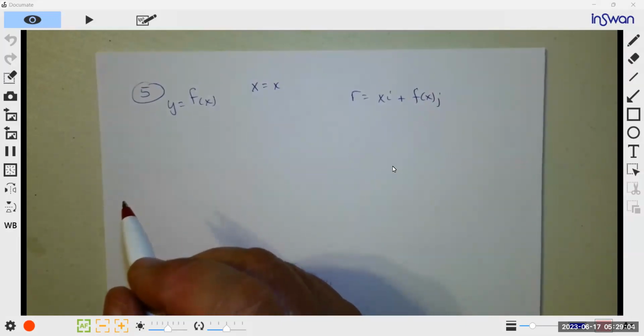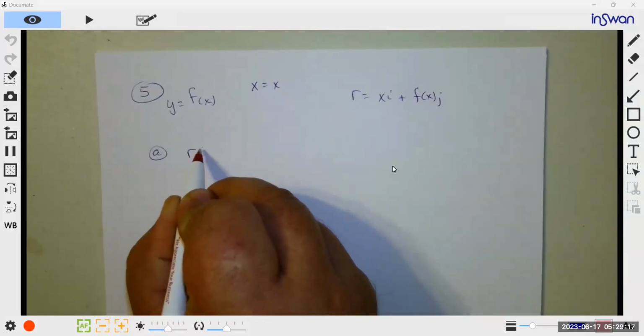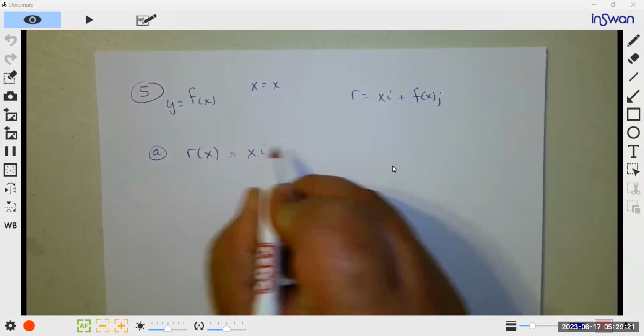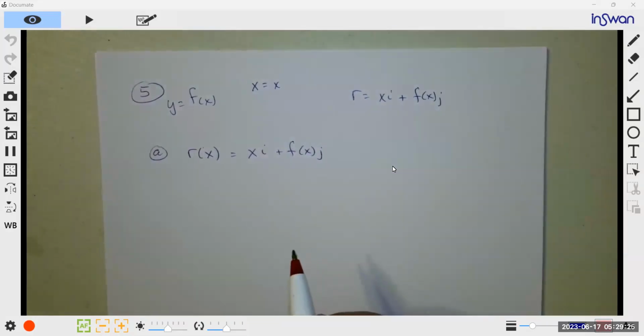So use this formula to show that if f is a twice differentiable function of x, then we got to go from there.